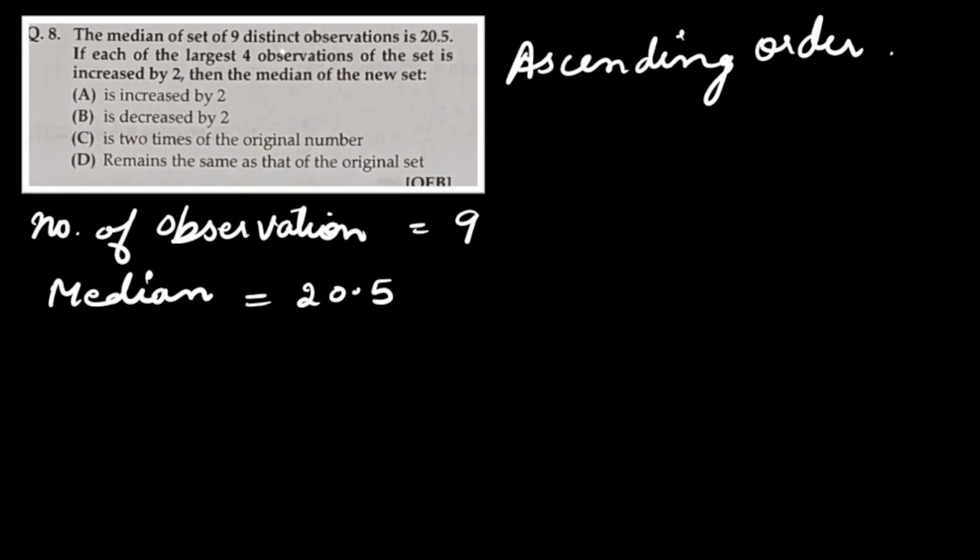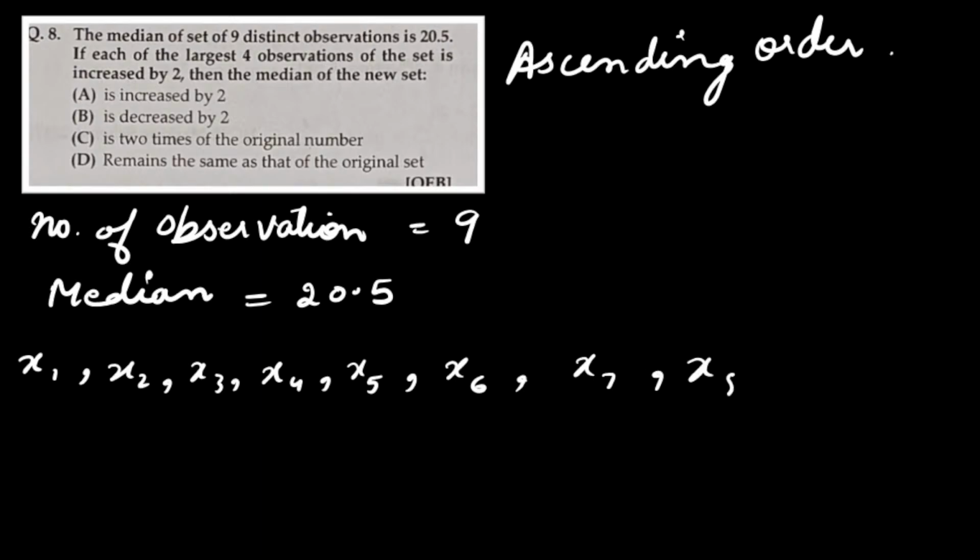So here, if the 9 numbers are there, suppose x1, x2, x3, x4, x5, x6, x7, x8, x9, these variates we have arranged in ascending order.